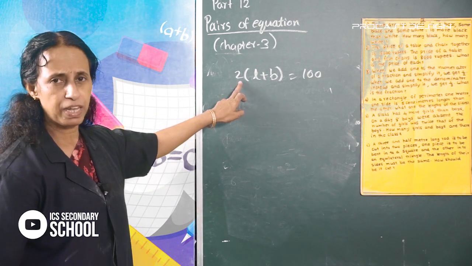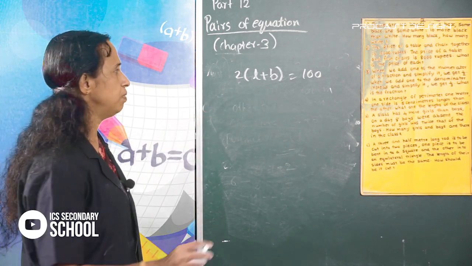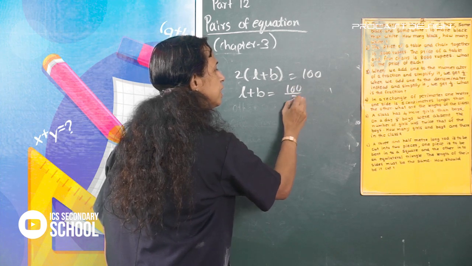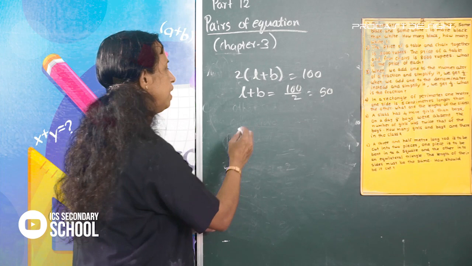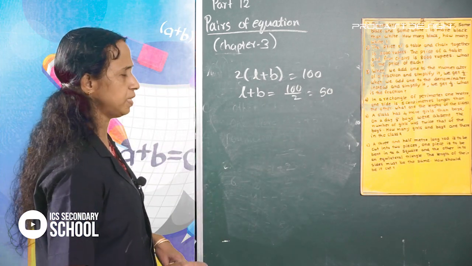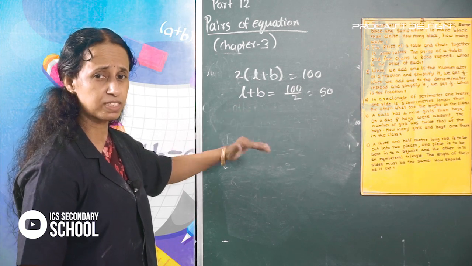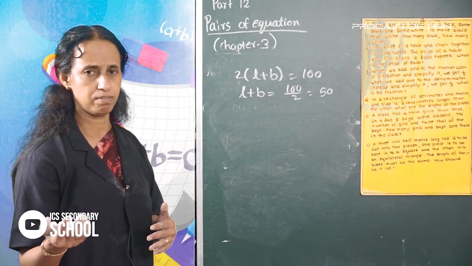Here multiply, change this into divide. Length plus breadth is equal to 100 by 2 is equal to 50 centimeter.